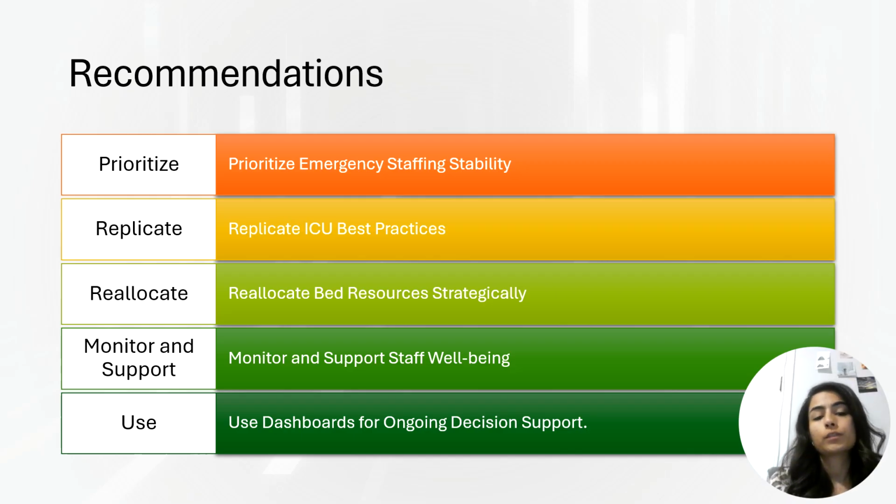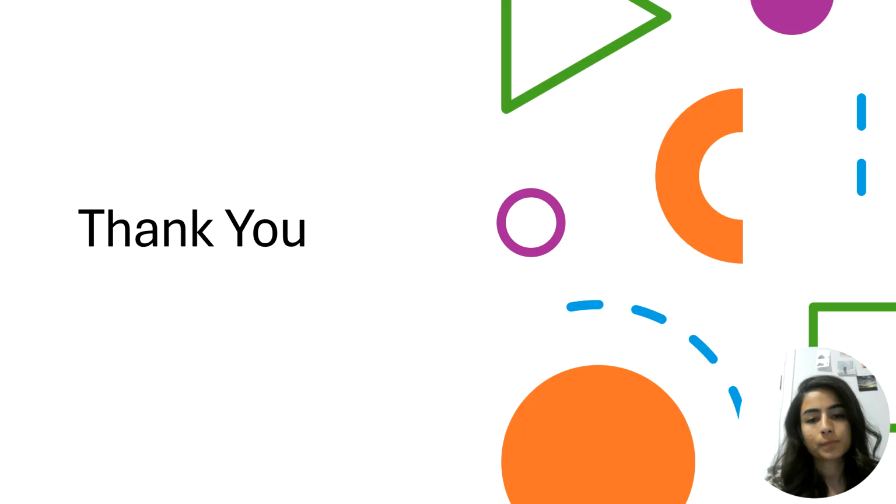Tailoring such solutions ensures that departments improve without disrupting others. Overall, these recommendations aim to improve operational efficiency, staff experience, and patient satisfaction simultaneously, creating a more balanced and effective healthcare department. Thank you so much for listening.